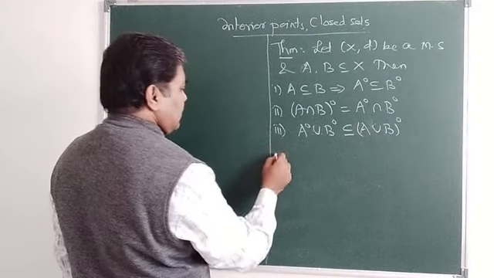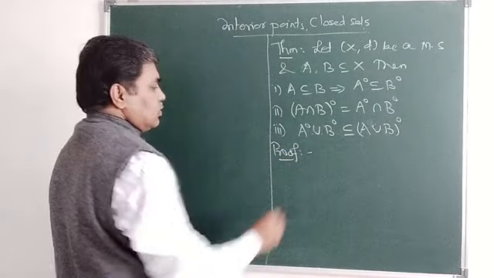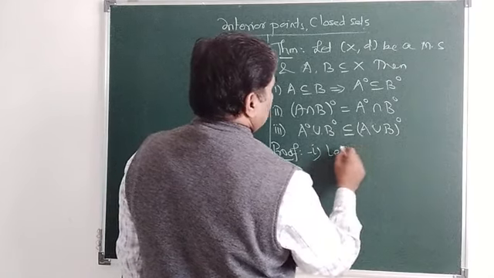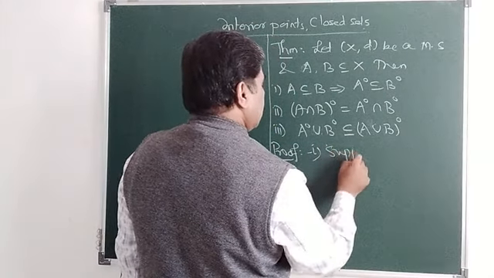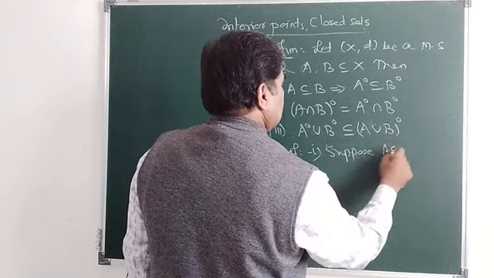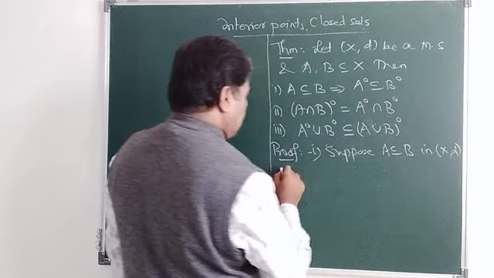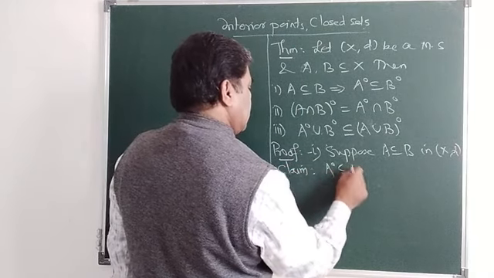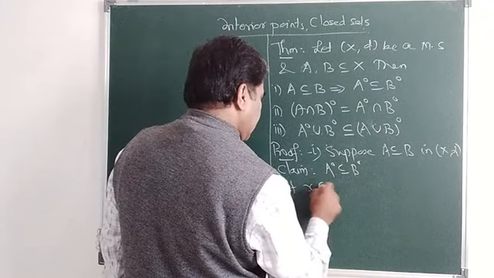So we'll prove them one by one. First, suppose A is a subset of B in (X, d). What is our claim? A interior is a subset of B interior. Okay, so let x belong to A interior.